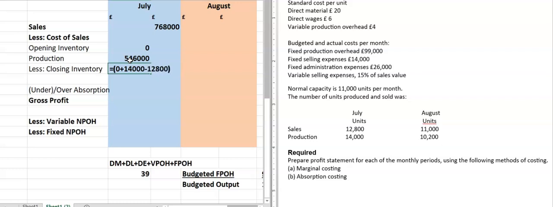So you get 1,200 as a closing inventory into 39. Right? Then after that, what you get? You get your difference. Opening inventory plus production minus closing inventory.